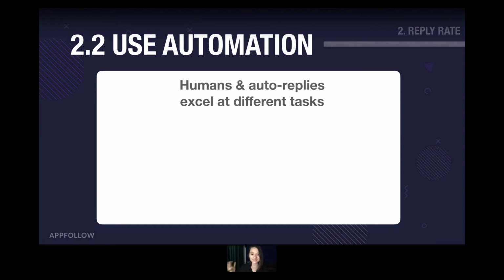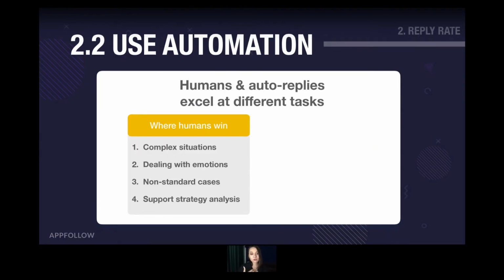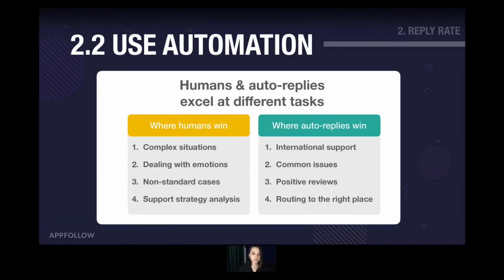Another thing that can help you with reply rate is to use automation. I think we're going to talk a little bit more about this. The thing is that humans and robots are good at different things, and auto replies help you to excel at tasks that don't really require that much of your attention. Humans are good at complex situations, dealing with emotions, non-standard cases, and building the support strategy. But there's still a lot of routine in customer support work.